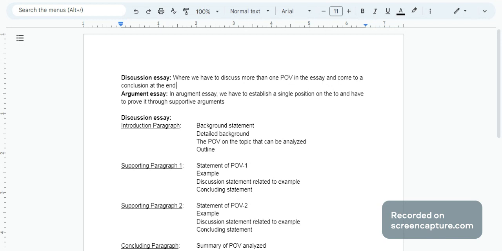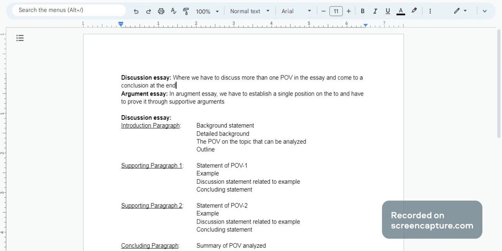One paragraph would be in agreement with the opinion given to you in the question, and the other paragraph would be in refutation, in disagreement with the topic. So that is the discussion essay.